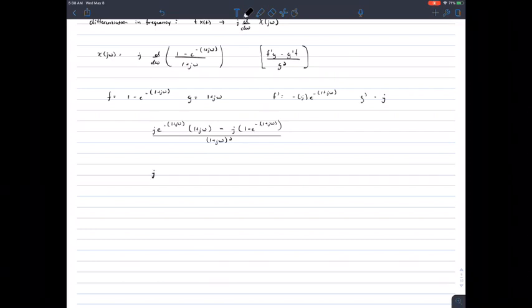So we're going to have j e to the negative (1 plus j omega), plus j squared omega e to the negative (1 plus j omega), minus j, plus j e to the negative (1 plus j omega), all over (1 plus j omega) squared.